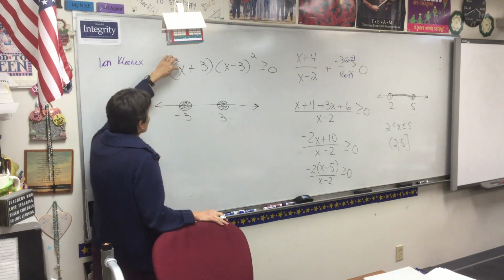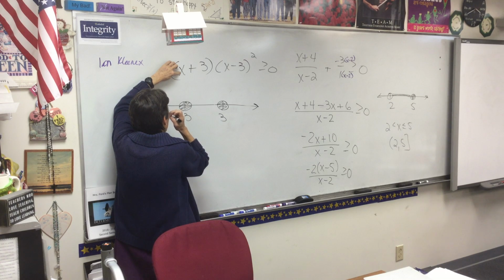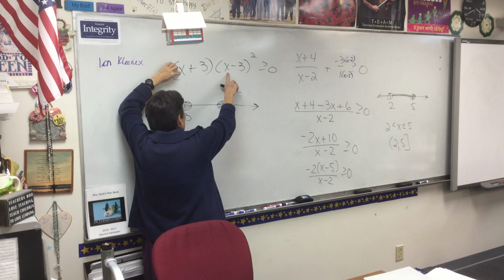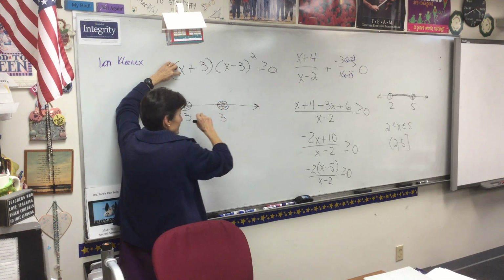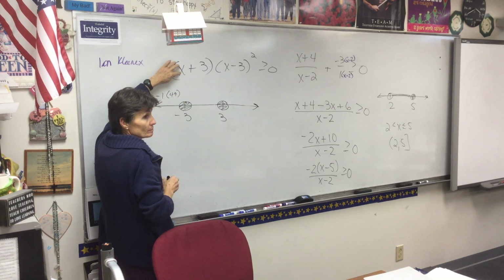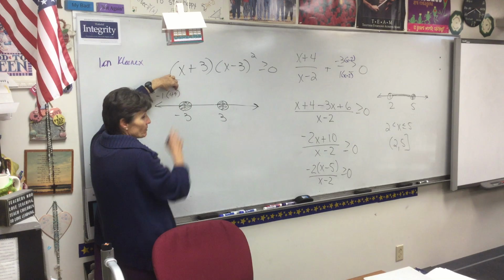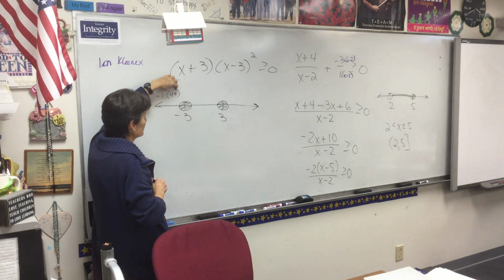So if I put in negative 4, I get negative 1. Negative 4 gives me negative 7, but it's squared. Is that answer bigger than 0? No.